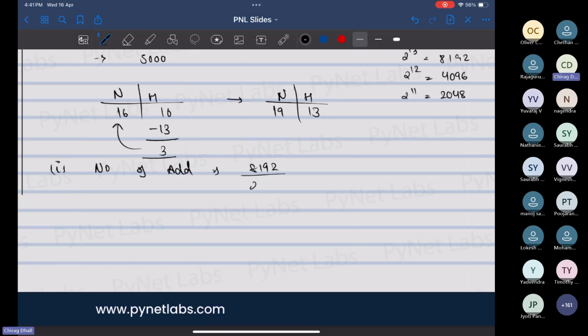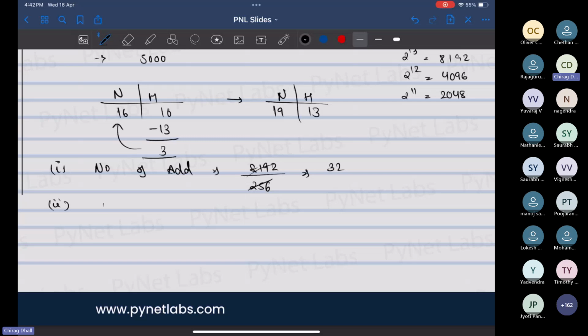When you divide this by 256, you will get 32. You can use a calculator as well. I'll just cross-check: 256 multiplied by 32. Yeah, 8192. So yes, 256 is going to bring us the value 32.